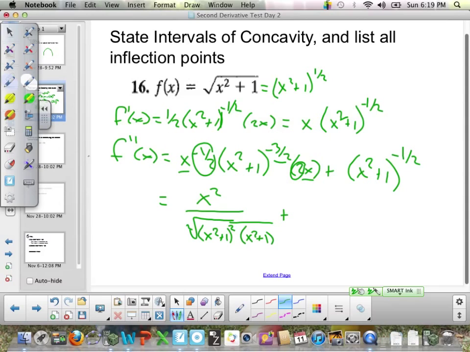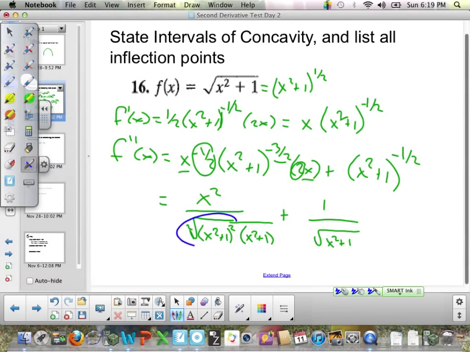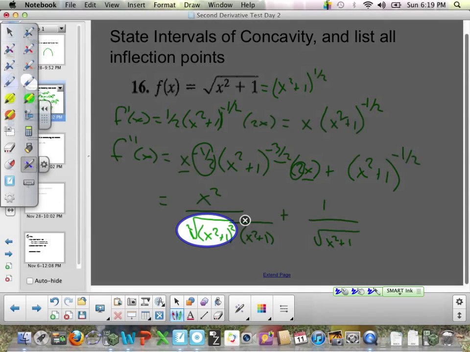And then over here we just have 1 over the square root of x squared plus 1. In this left fraction, the square root squared right here, those can cancel. We really just have x squared plus 1 left. All right?